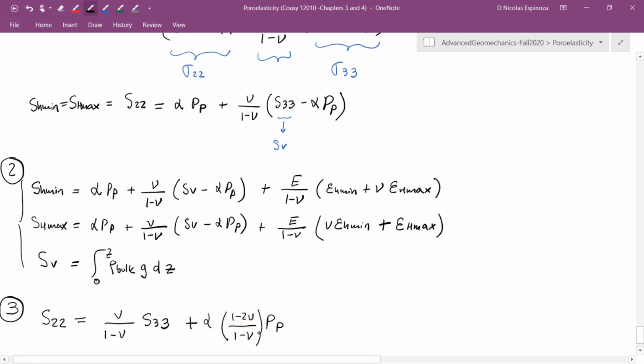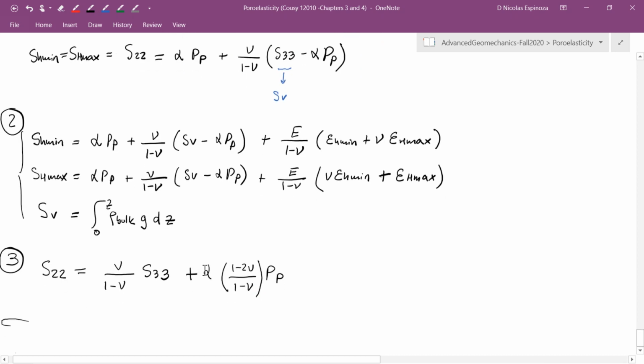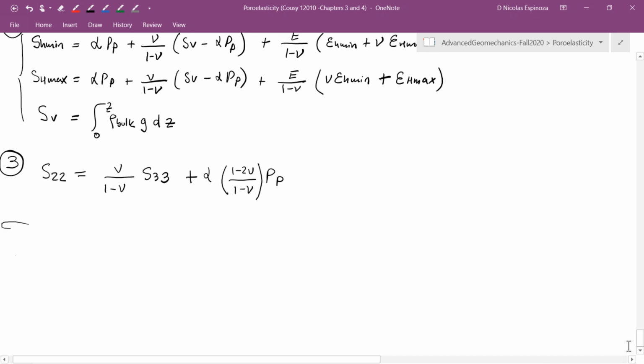Okay, well, now with this equation, I can discriminate the influences of both the overburden stress and the pore pressure, where, let's remind ourselves, this is the total horizontal stress.